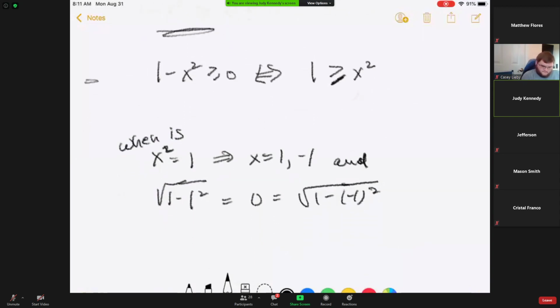So one way you can think about this inequality, you've got where it's equal to 0, and no other numbers give you equal to 0. Okay, so then you can just check the other intervals.